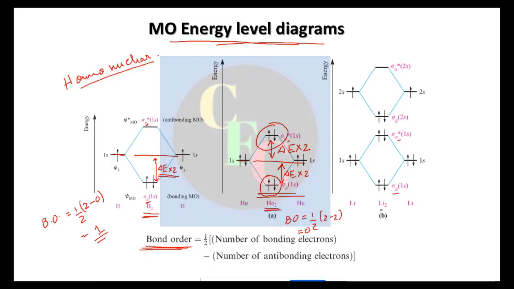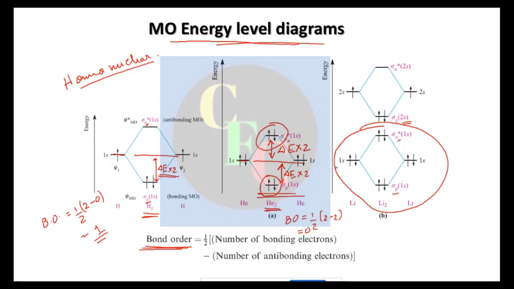The next one, if you go to lithium, now we have 2s orbitals, and what will be the bond order? For bond order calculations, molecular orbital theory says that you do not need to consider the core electrons or the core orbitals.